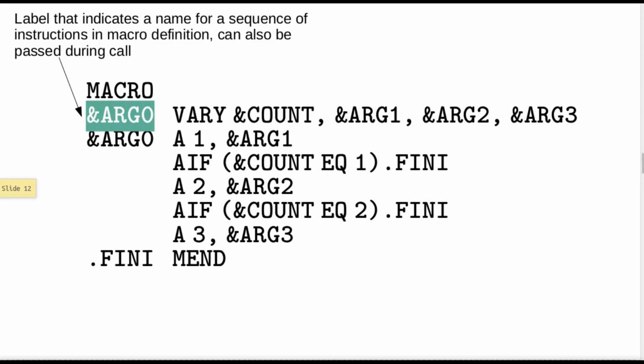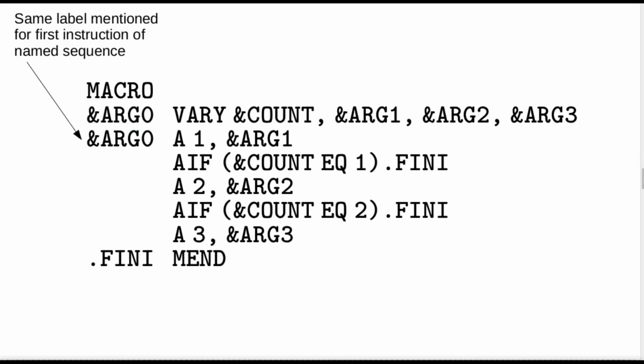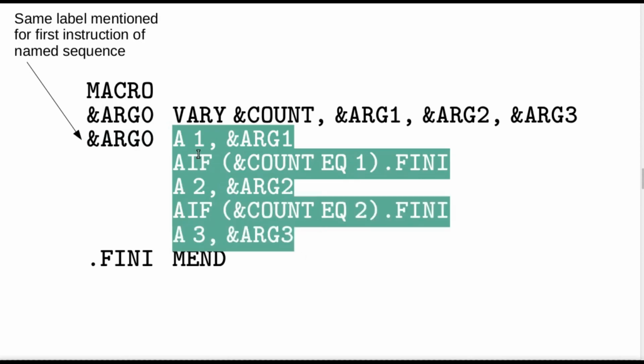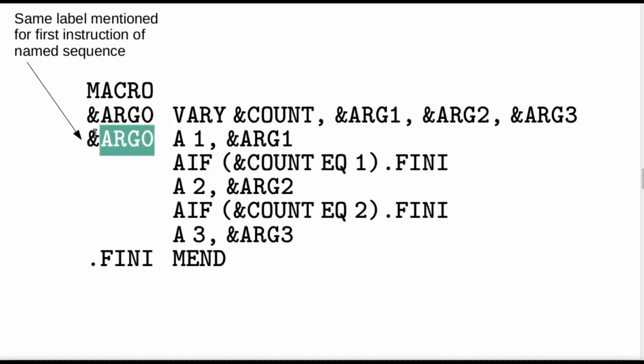Moving on, in the second instruction we again have the same label. The same label is mentioned for the first instruction of the named sequence. At this position, this indicates that the following sequence of instructions will be indicated by this label.